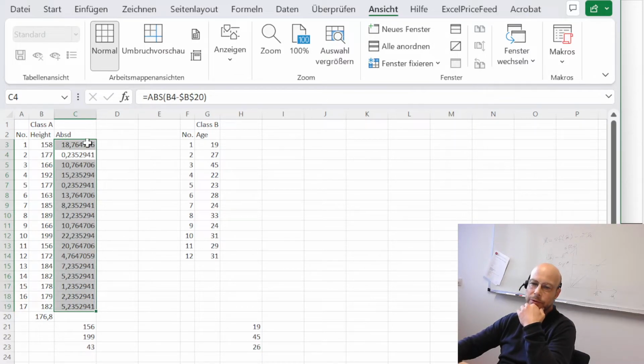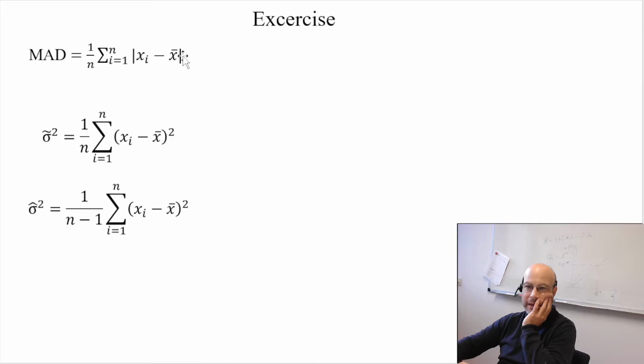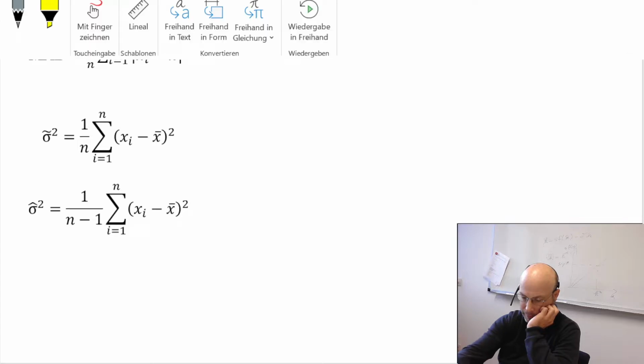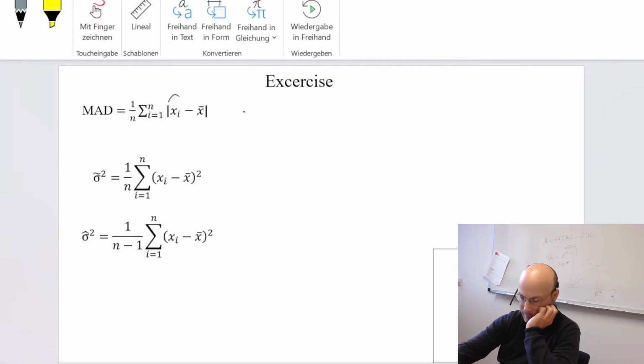So what do we have to do now with these numbers in order to obtain the mean absolute deviation? Well, I hope that you see this. What we have calculated now is the absolute deviation of every single number.